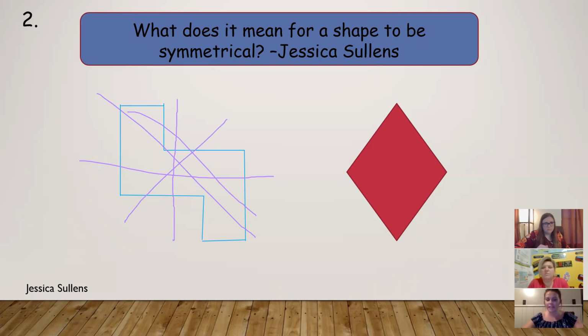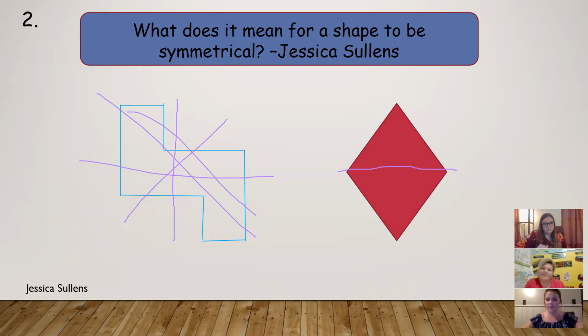If we come over here to our diamond or our rhombus, and we think of this as a piece of paper, we automatically can see that if we went straight across here and put this top flap down here, then we actually would have a symmetrical shape. So it has to have at least one line of symmetry, but it can have more than one. And here we do.